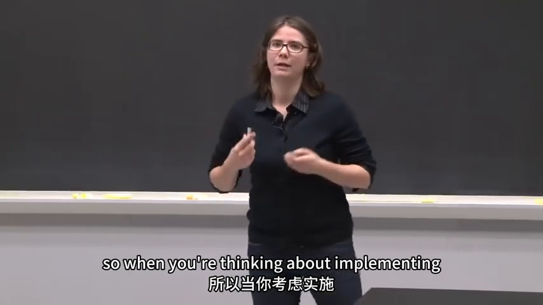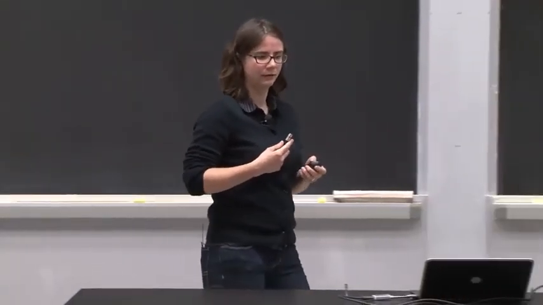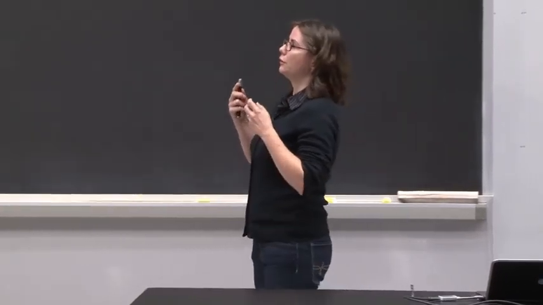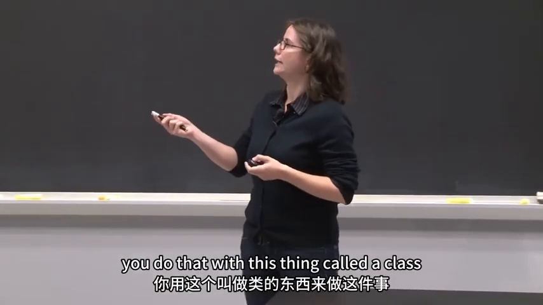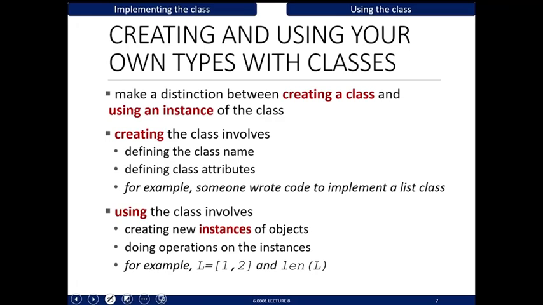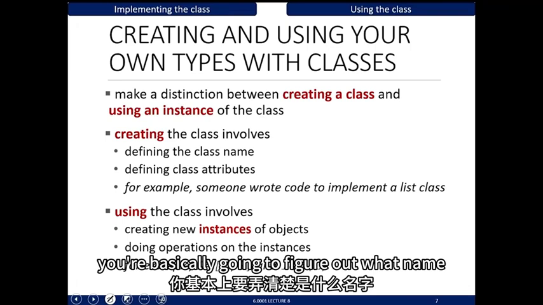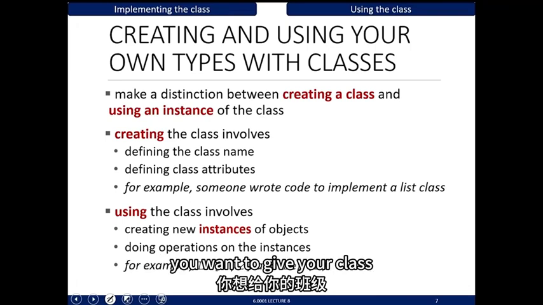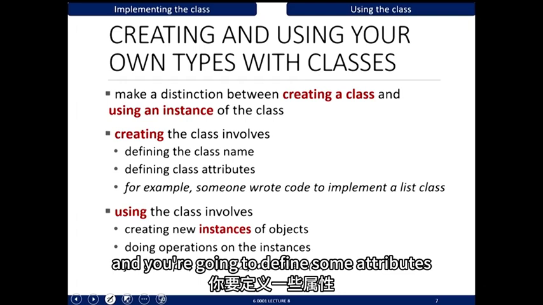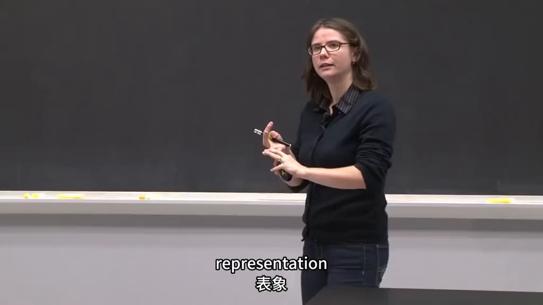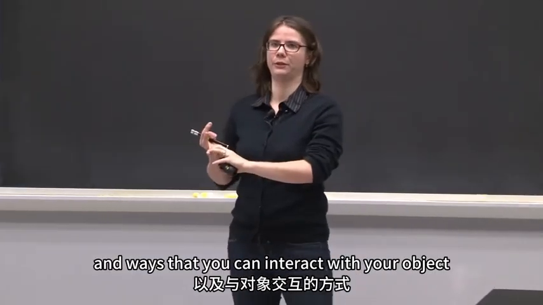So when you're thinking about implementing your own data type, you do that with this thing called a class. Okay? And when you create a class, you're basically going to figure out what name you want to give your class, and you're going to define some attributes. And the attributes are going to be the data representation and ways that you can interact with your object.